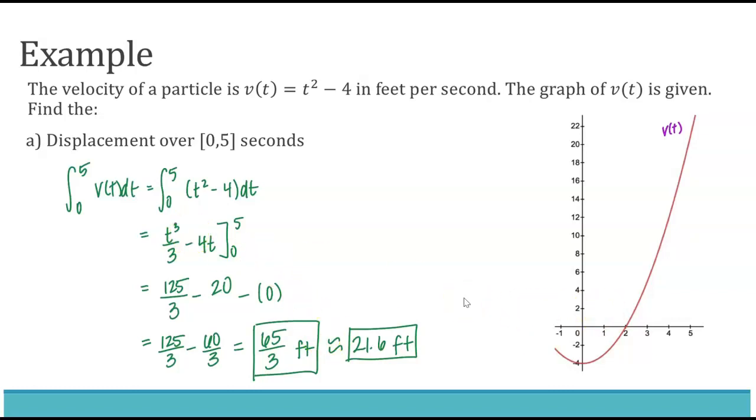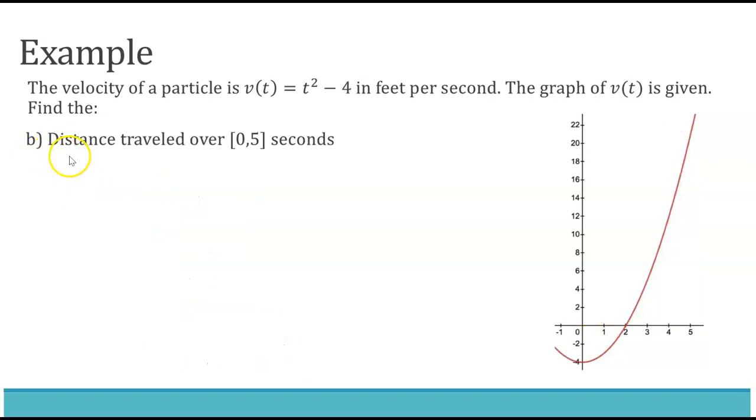So we went ahead and found that the area from 0 to 2, which is below the x-axis, plus the area from 2 to 5, which is above the x-axis, when you add these two together, you get that 65 over 3. So this part below the x-axis would be negative, this part above the x-axis would be positive. When you add those together, that net or total change is going to be about 21.6 feet.